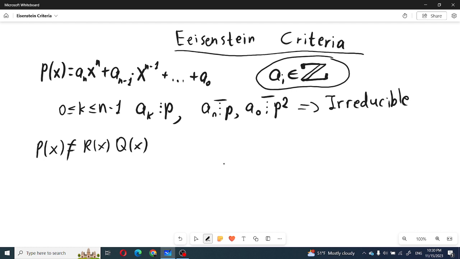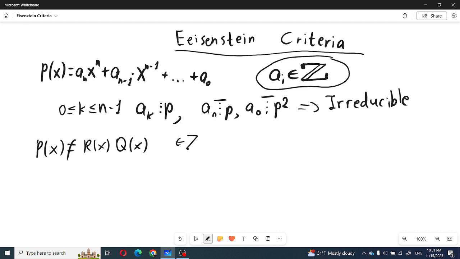And what irreducibility means is that p(x) can't be represented as r(x) times q(x). Both of these polynomials are non-constant, and they also have integer coefficients.